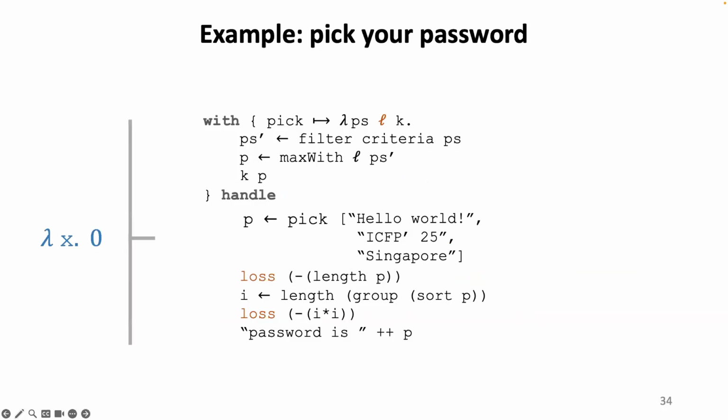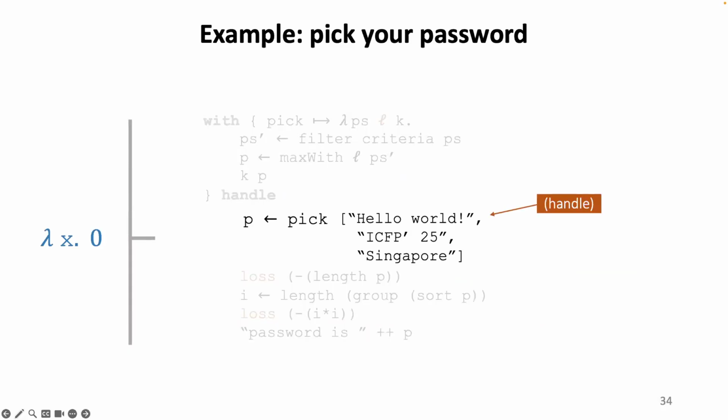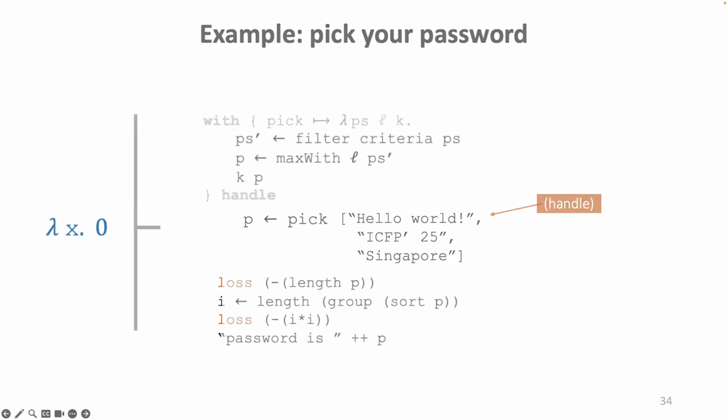And the first statement we need to evaluate is this pick operation, right? And because we are performing an operation, this is where we should apply the handle rule that handles this operation. And if we want to handle this operation, we will get the operation clause of pick from the handler and bind PS and L and K.